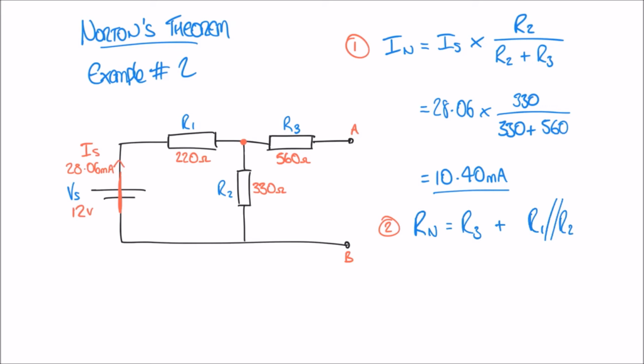Likewise, I've used that double slash notation for parallel resistors, but we'll put some values in there because we can say that R3 is 560 plus R1 in parallel with R2.